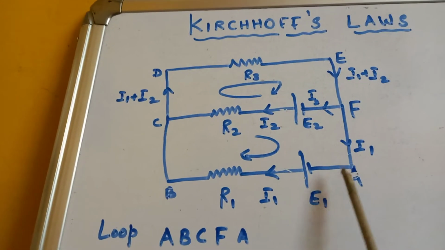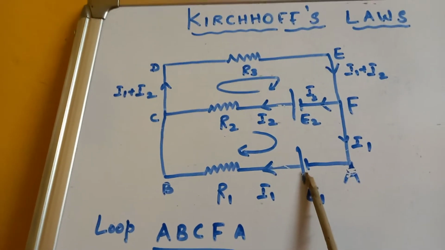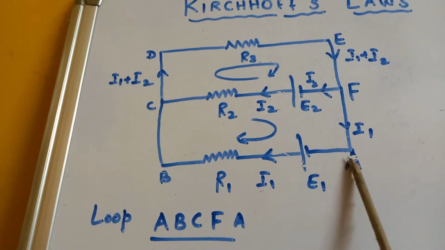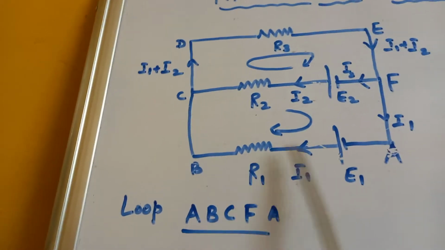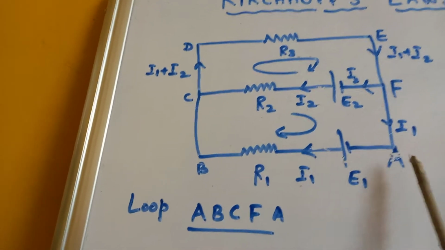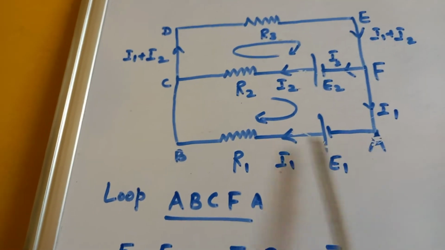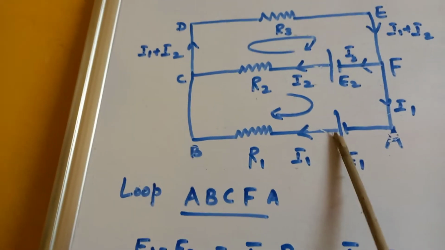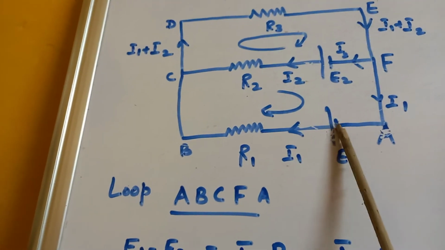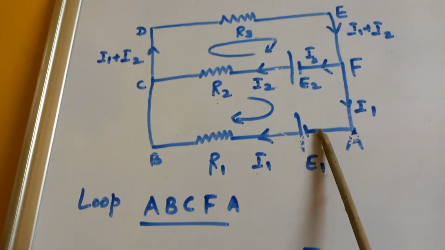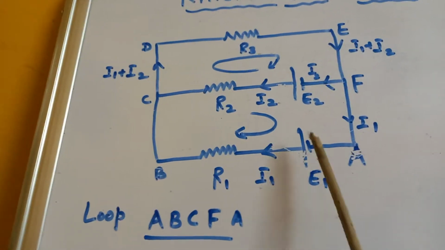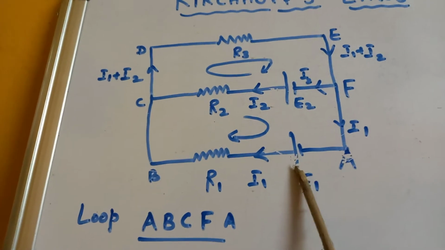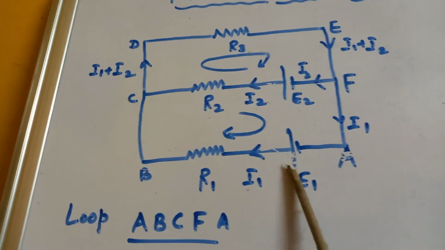Now, you have started the loop from here, A, B, C, F, A, clockwise direction. At A, B, which terminal is coming first? The negative terminal is coming. So through this electrolyte, it's from negative to positive, lower potential to higher potential. In such a case, E1 should be considered as positive. Clear, children?